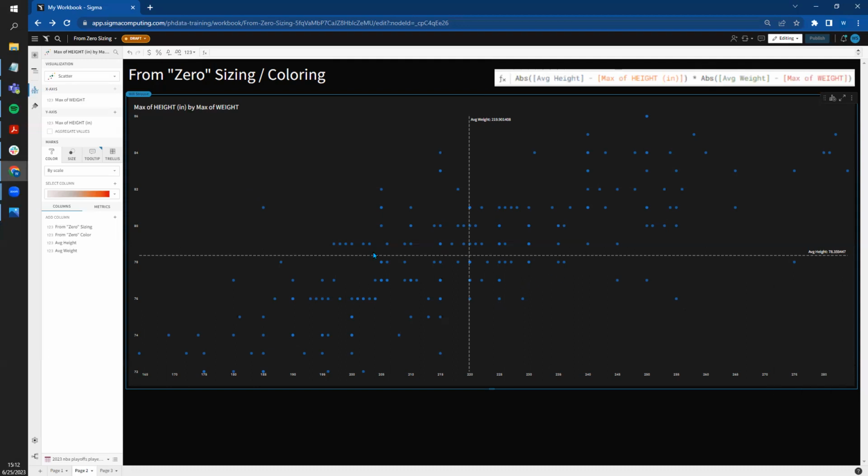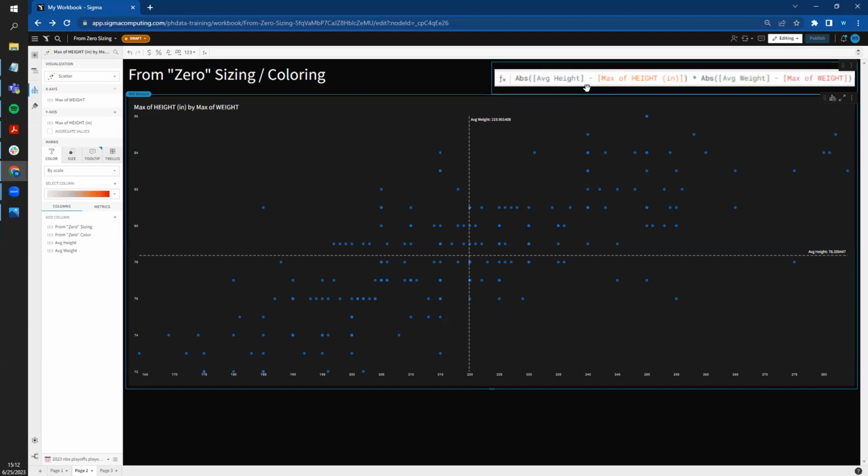So we're taking the absolute value of the difference between the average height of all the players and the height for that player. And we multiply that difference by the absolute value of the average weight for the entire population minus the weight of an individual player.